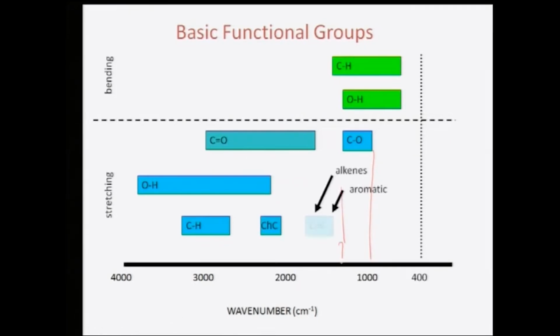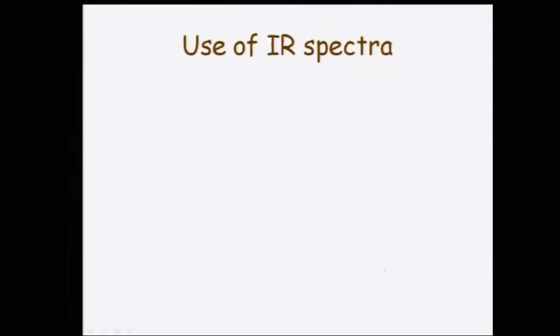There are also CC double bonds, these alkenes, which occur in a very close range around 1500, and CC single bonds, which can happen at much lower wave numbers, close to 1000. So using IR spectroscopy one can determine these kinds of bonds.